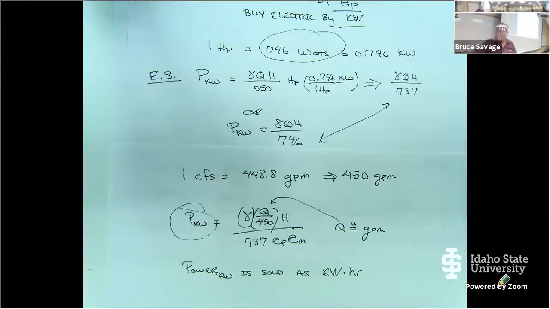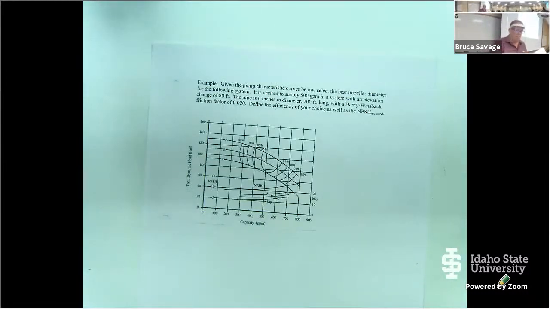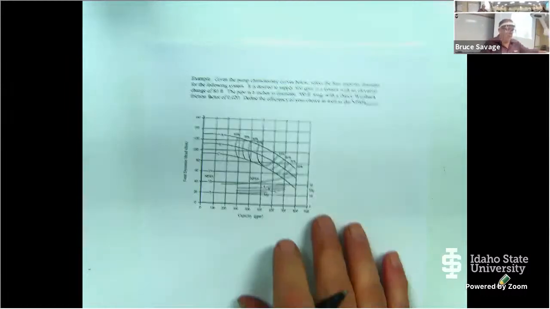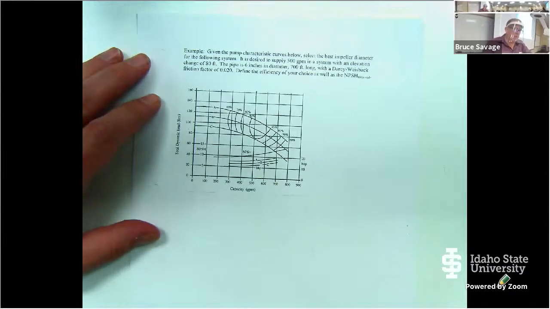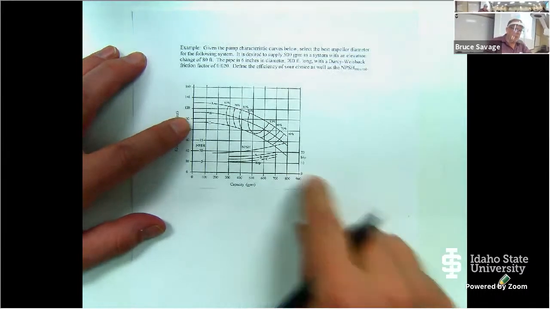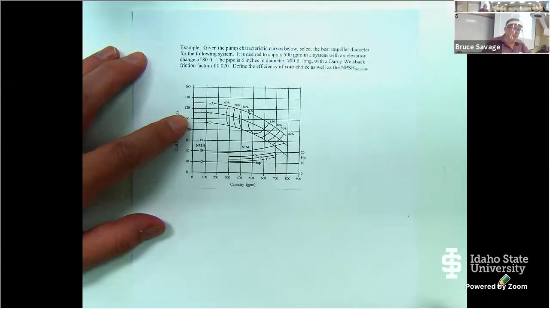All right, so now let's work a problem. Let's bring these concepts together for pumps. Given the pump characteristics curve below, so this is the pump curve, select the best impeller diameter for the following system.